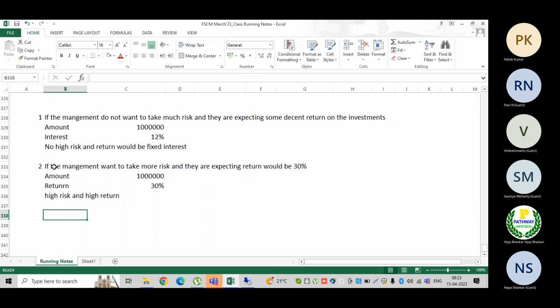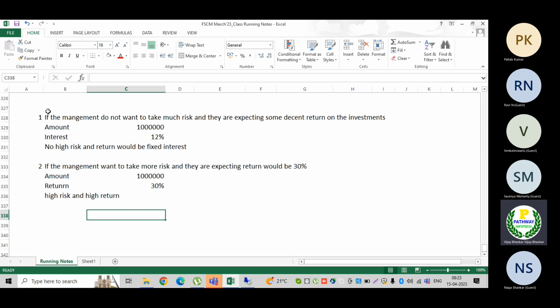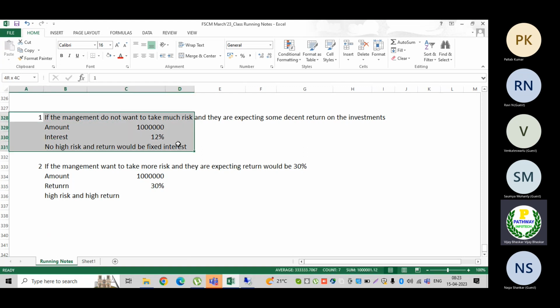If the organization is a trading organization, they will take a high risk and expect the high return. But now my organization's management is not ready to take much risk. In such a situation, they will go for the money market instruments.